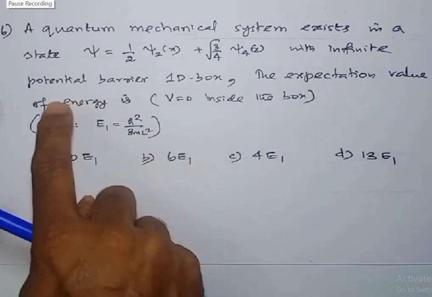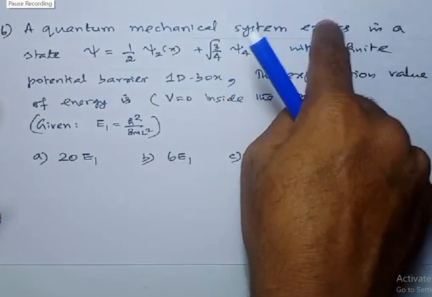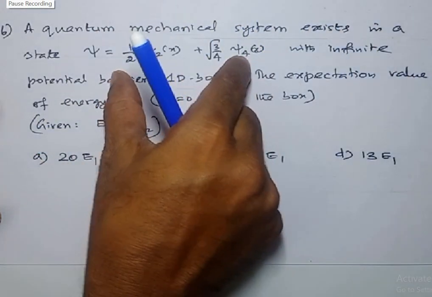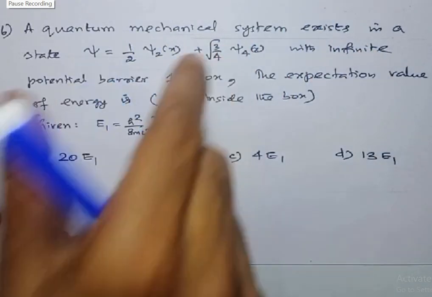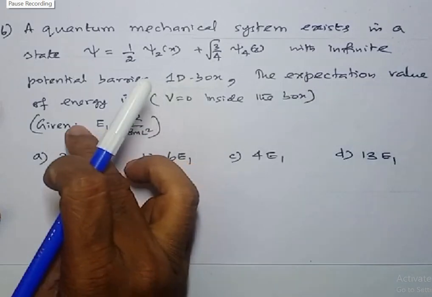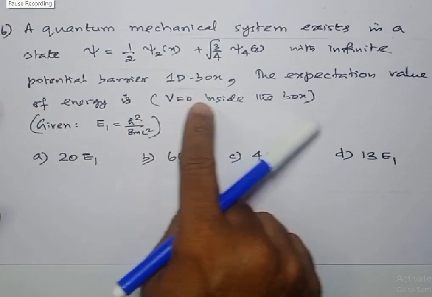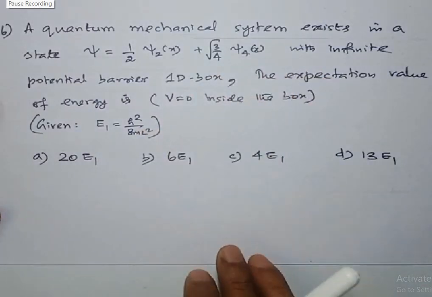The system is in an infinite potential barrier 1D box, so this is a 1D box problem. The expectation value of energy is asked, and it is given that the potential energy inside the box is 0.